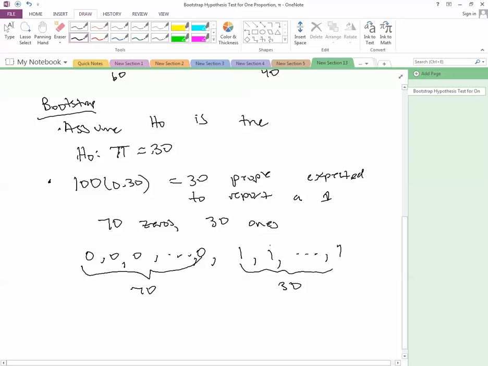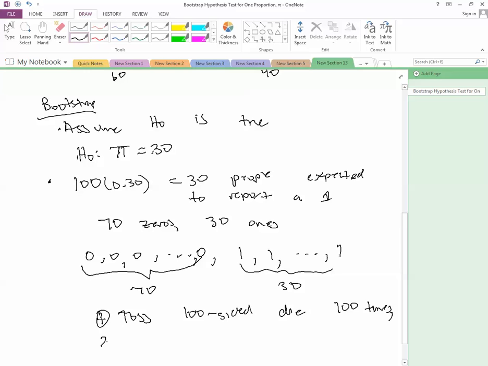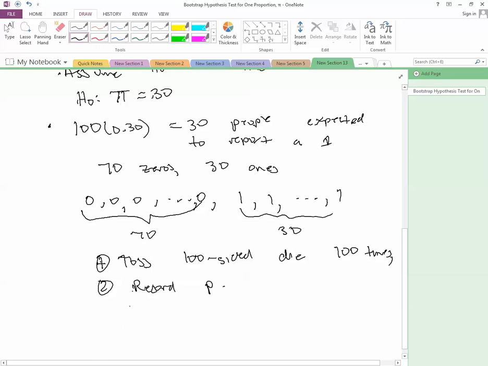we should get. So basically, I'll write it this way: 1, toss 100-sided die 100 times. 2, record the sample proportion P, and then repeat steps 1 and 2 10,000 total times.